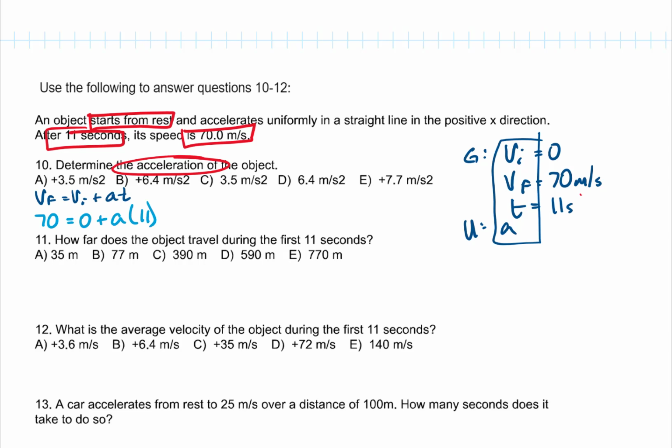So to rewrite that in a cleaned up way over here, 70 equals 11 times the acceleration. We'll divide both sides by 11, and then with our calculators, we see that the acceleration comes out to be 6.4 meters per second squared.